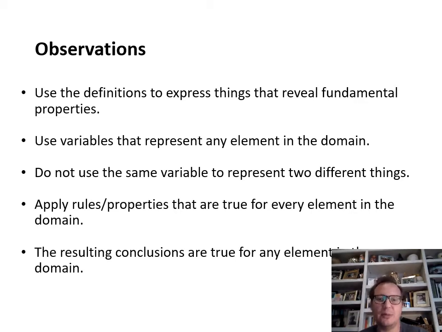We saw that problem with that flawed proof. Also apply rules and properties that are true for every element in the domain. Based on that, reach conclusions that are also true for elements in the domain. And that's how you do your proofs.